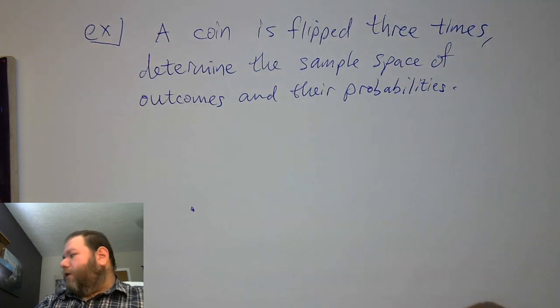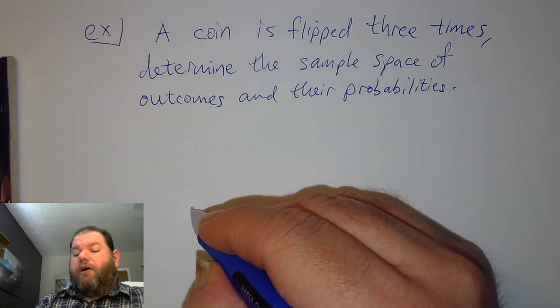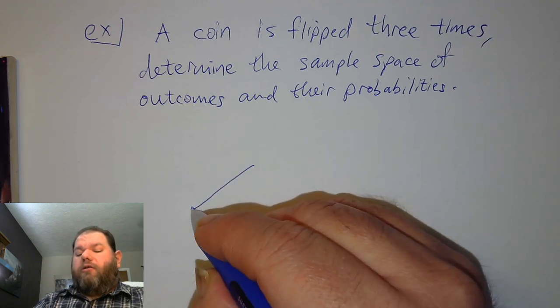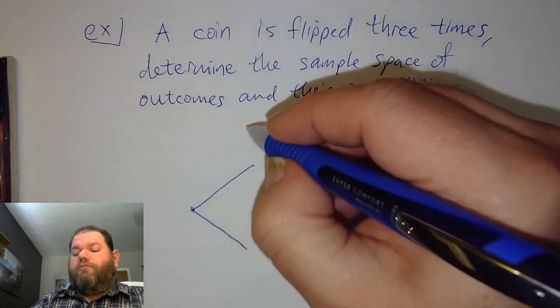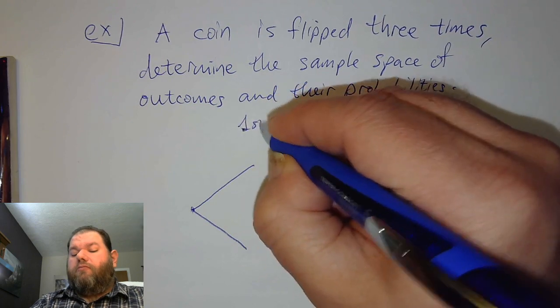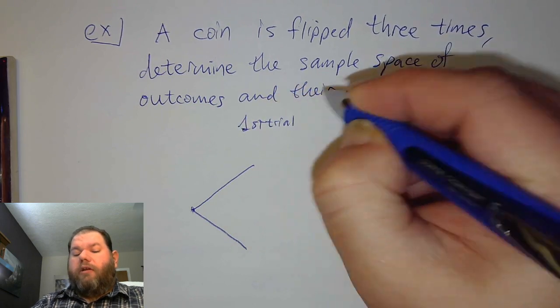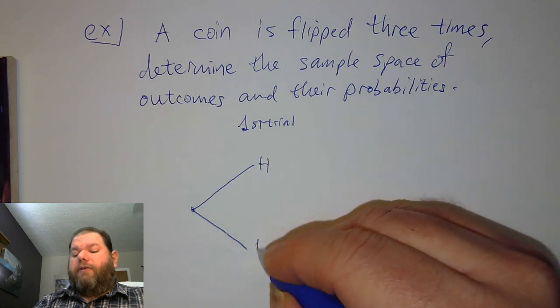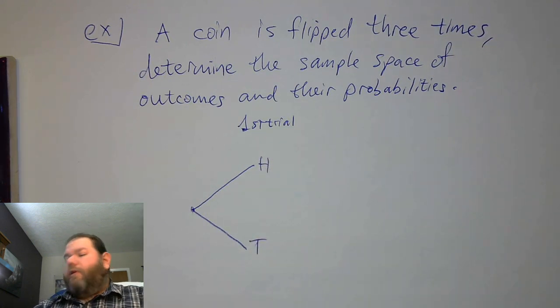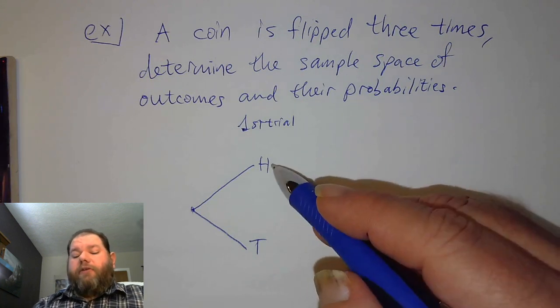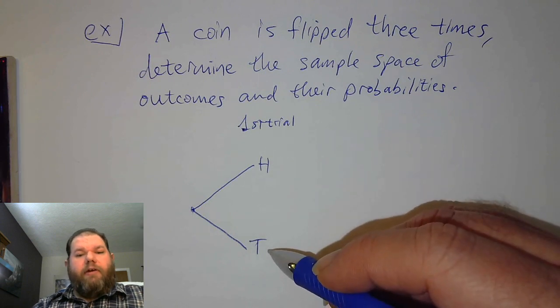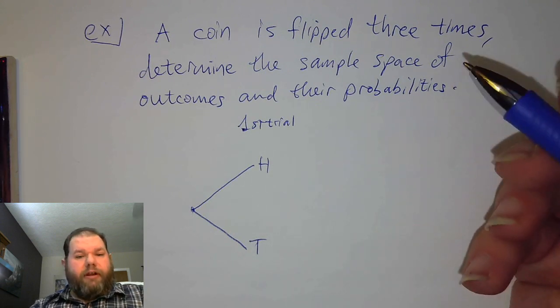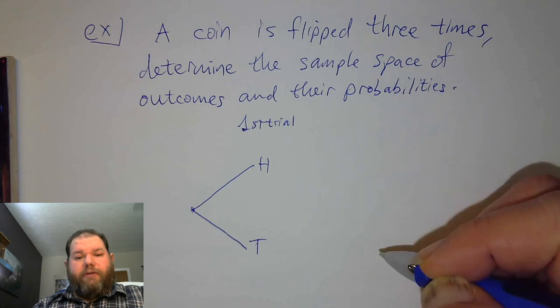The concept of a tree diagram is that at the beginning we have our first trial. That's where you flip the coin once and it may land on heads or tails. Now, on our second trial, regardless of whether we got heads or tails the first time, it's still equally likely that it lands on heads or tails the second time.